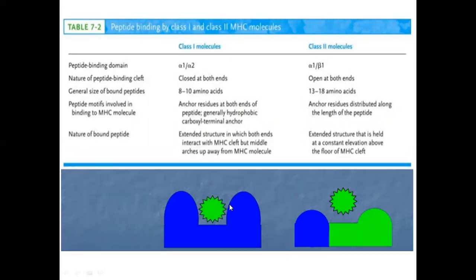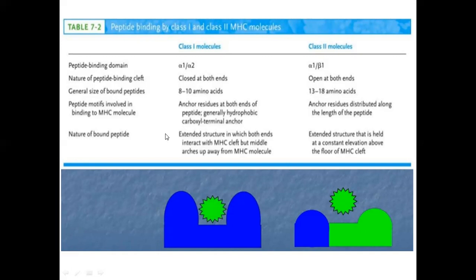In class 2, it is open at both ends. The general size of bound peptides is 8 to 10 amino acids in class 1 and 13 to 18 amino acids in class 2. For peptide motifs involved in binding, the anchor residues are at both ends of the peptide, generally a hydrophobic carboxy terminal anchor. In class 2, the anchor residues are distributed along the length of the peptide.